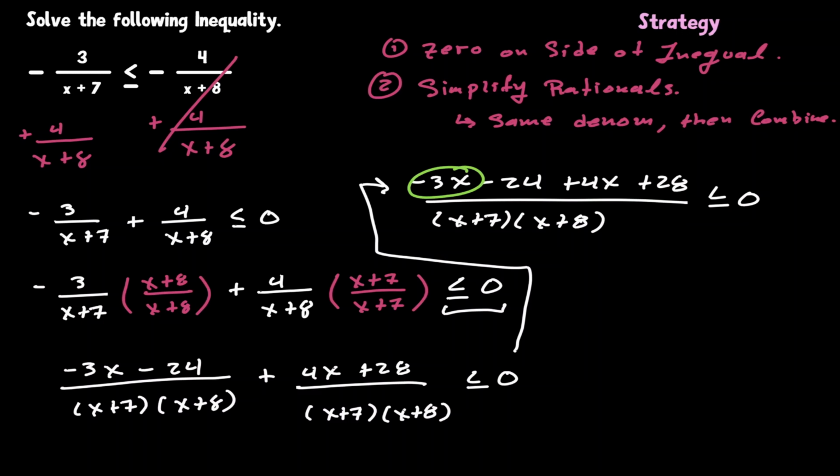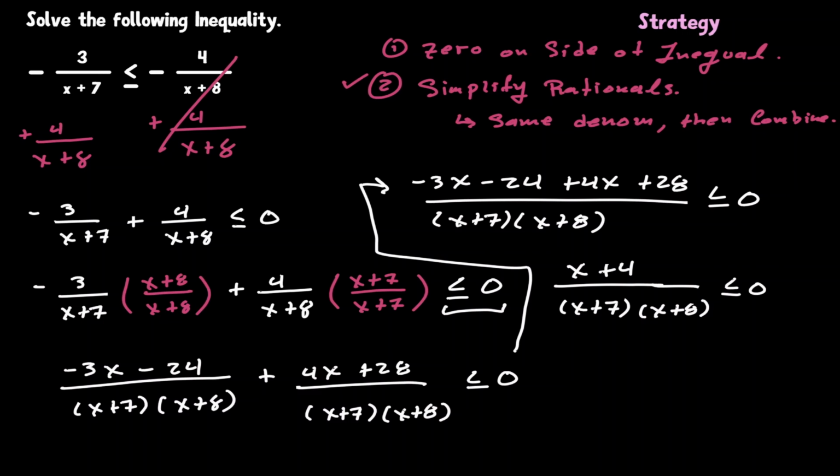Here we can combine these values of x, negative 3x plus 4x, that is just 1x. And here we can combine negative 24 with positive 28, which is just going to give us positive 4. The denominator, let's keep it as is. Bring down the rest of the problem. And now we have accomplished our second step. We have simplified the rationals.